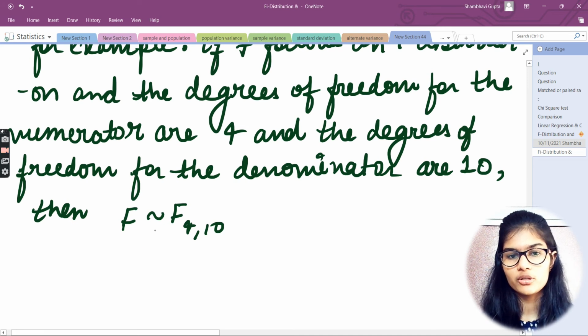Numerator comma denominator: the numerator is 4 and the denominator is 10. This is how it is done.